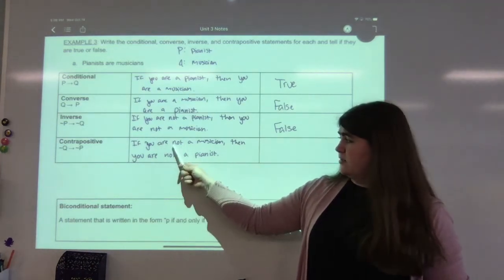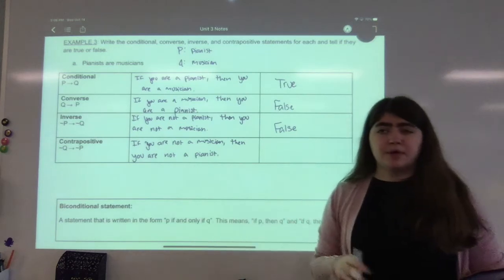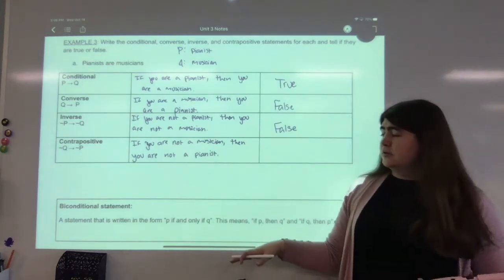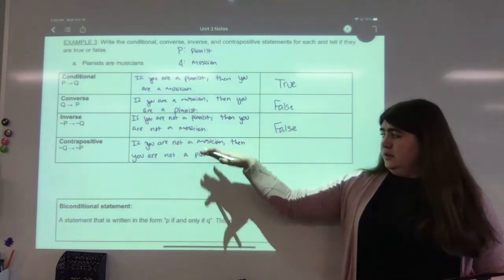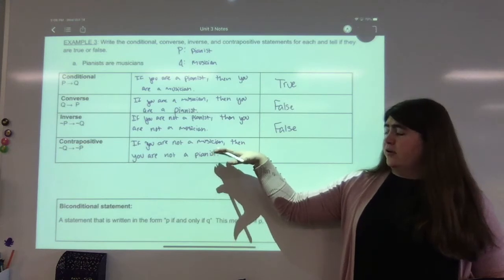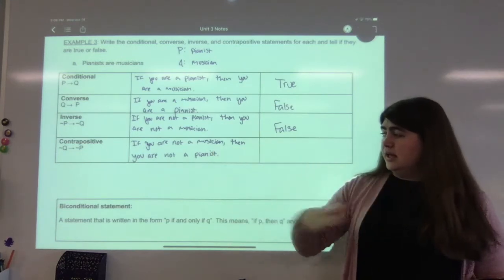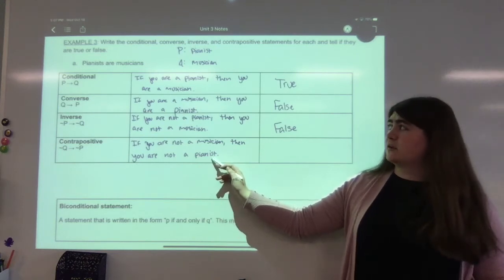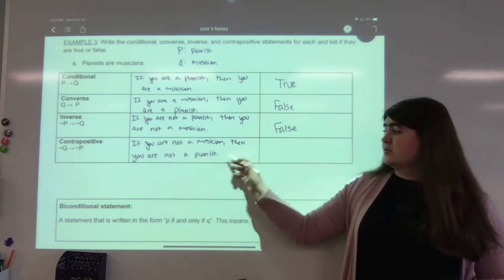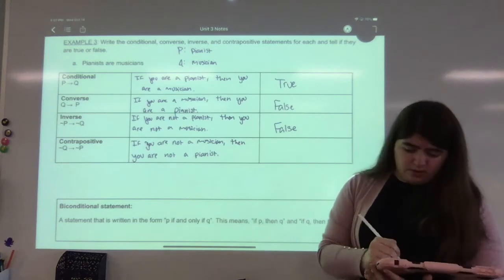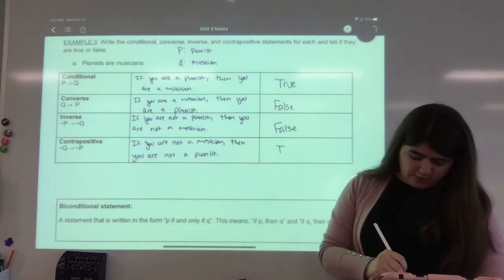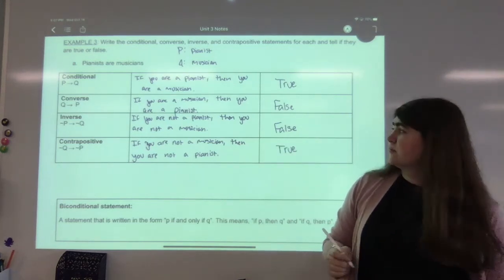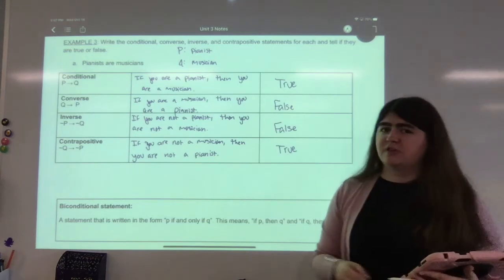If you're not a musician, that's saying that you can't play any instrument at all, or sing, or any of those things. So if you can't do any of that, then you can't be a pianist, because we already said that pianists are musicians. So this is a true statement.